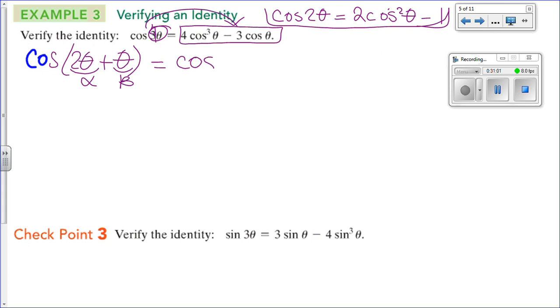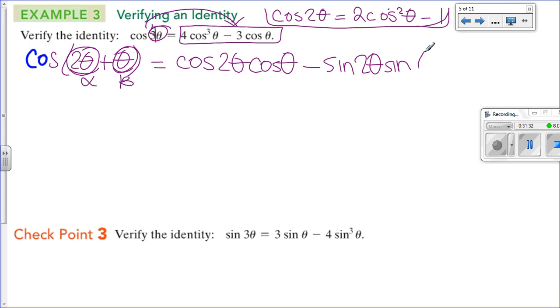So it will be cosine of this angle right here, 2 theta, times the cosine of the second angle, which is theta, minus, I'm using this formula here, the sine of 2 theta times the sine of theta.